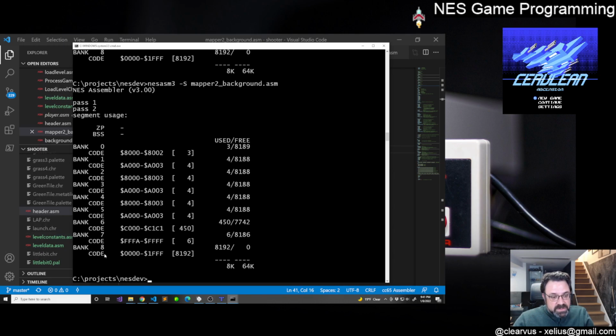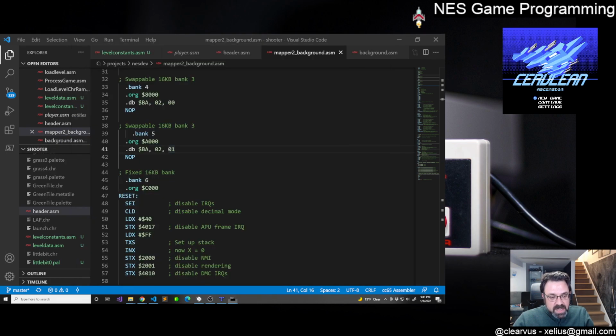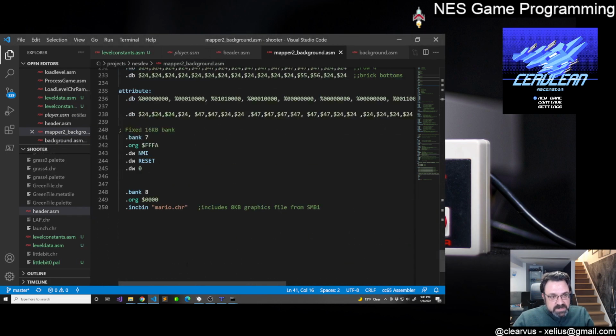And then bank 8 is the character bank, and you can see this is misleading. It's showing nothing, but really in that last bank we're including this Mario.chr, which is our PPU data.